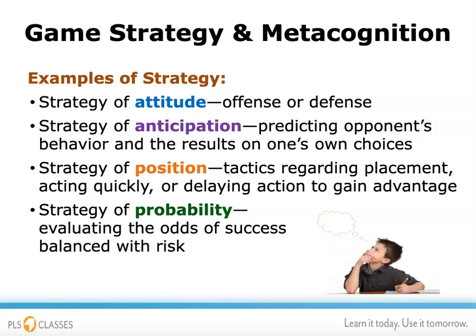This depends sometimes on whether their team is stronger offensively or defensively. Strategy of anticipation. This is a strategy used in chess where players try to anticipate what plays their opponent will make based on the plays they might take.